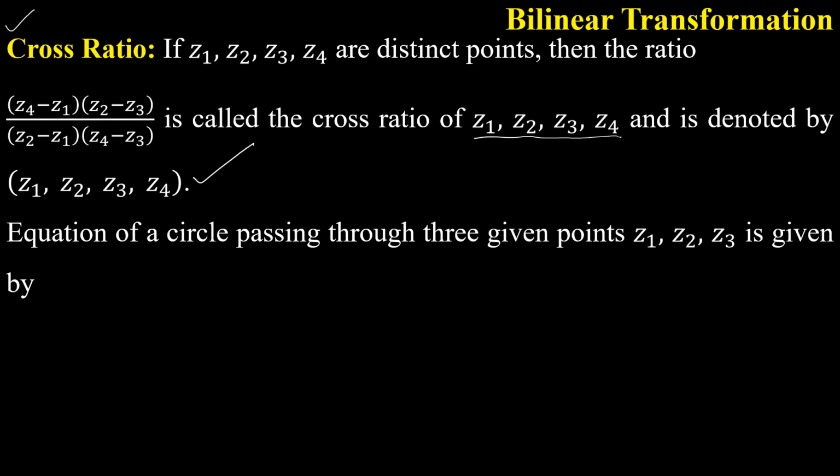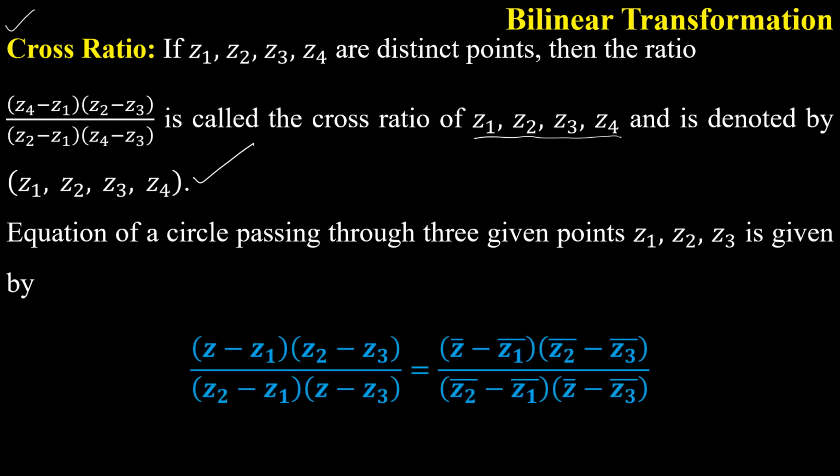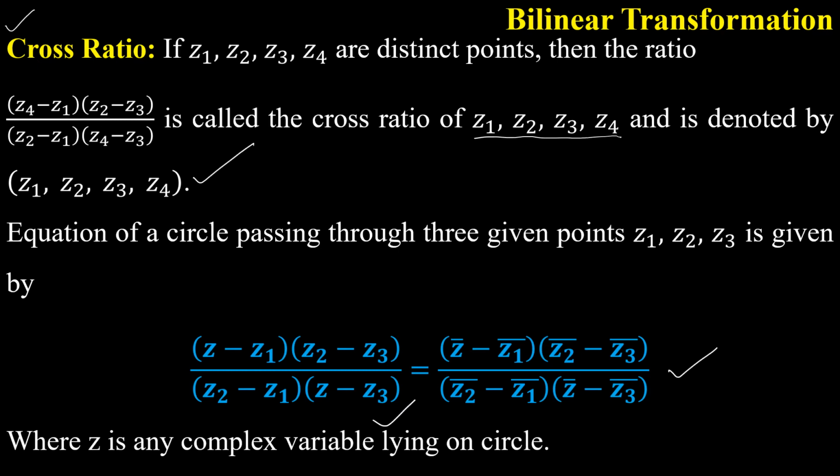The equation of the circle passing through the three given points can be written in this form: (z − z1)(z2 − z3)/((z2 − z1)(z − z3)), and in the same fashion you can put the complex conjugate here, and you will get this result. So this is the cross ratio, a very important topic that we study in the bilinear transformation. Z is any complex variable lying on the circle.